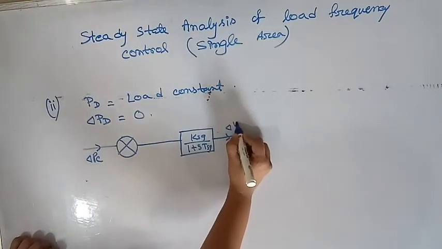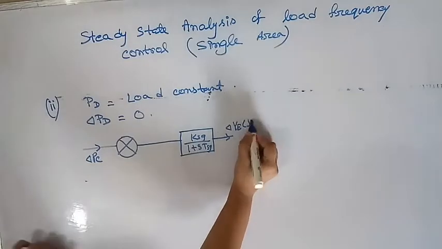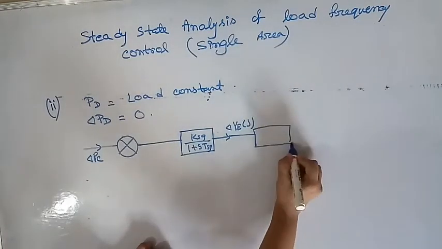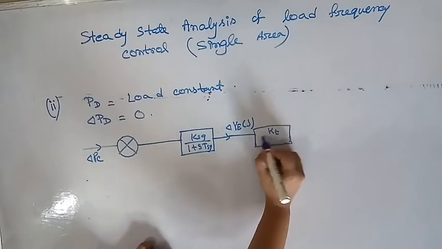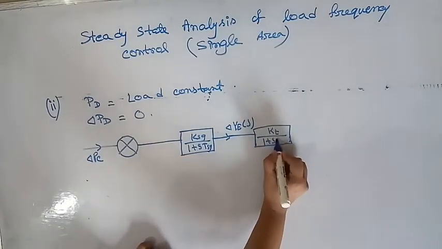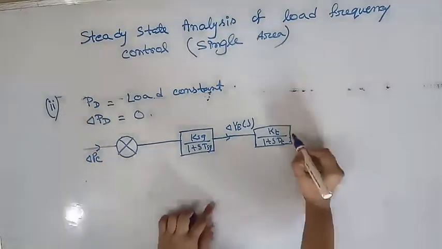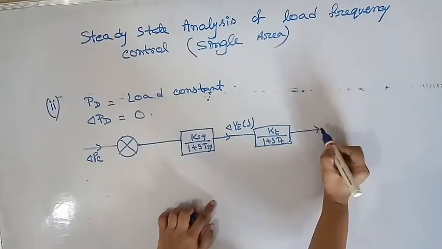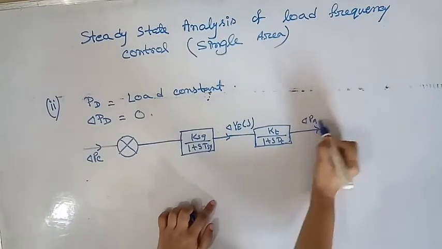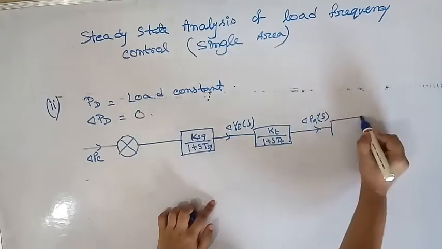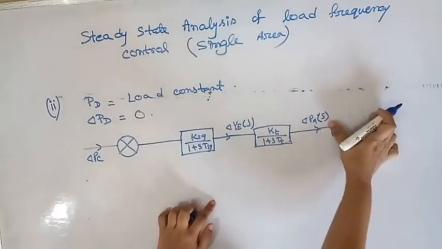The output is delta YS. Then the turbine model, KT by 1 plus S TT. The output is delta PT or delta PGS. If we neglect the loss, delta PT is equal to delta PGS.